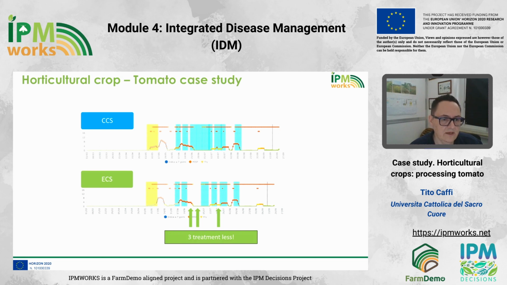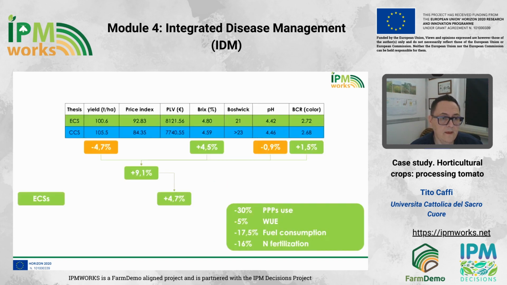In the second, in the green ACS scheme, the farmer was using the decision support system alone, but he was applying three fewer treatments. Why? Because he considered the coverage, the protection provided by the previous treatment and the level of risk, and he could manage the frequency of fungicide application differently.